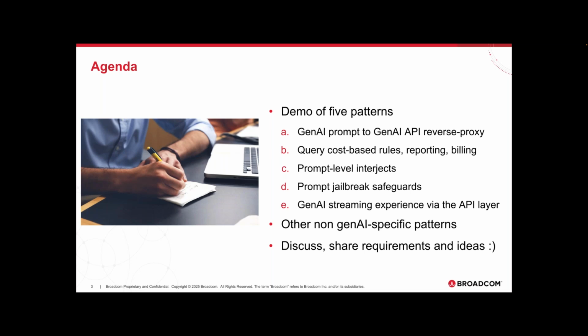I'm going to show prompt level interjects and prompt jailbreak safeguards from a security perspective. We're also going to look at how it works with streaming and the streaming experience when you're using the API layer, and how that works with layer 7. And then we're going to talk about other non-Gen AI specific patterns. I think that should be quick enough to allow for a bunch of time for discussion.